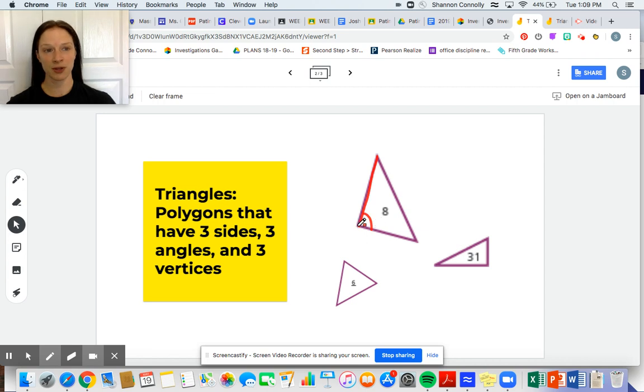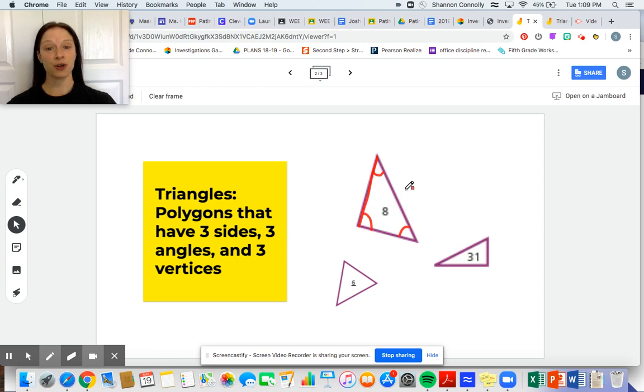I'm sure you remember because those are always fun to use. So there's an angle here, and an angle here. So there's our 3 angles, and you can see them here. Okay, and in this lesson, we're going to be talking about the size of angles and how that helps us classify our triangles. We're also going to be talking about the length of sides and how that helps us.